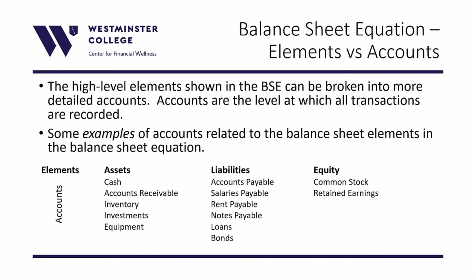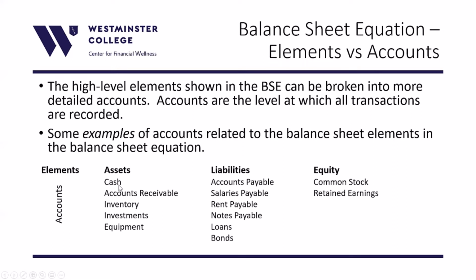We can choose to analyze on an element level or an account level, but we're going to learn account level at this point. Okay, again, the higher level elements are the assets, the liabilities, and the equity. Shown below each of these, I've just given some sample accounts that are common to companies.